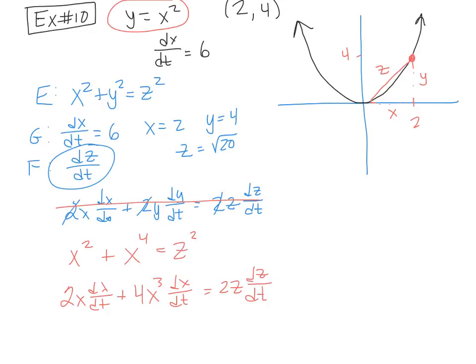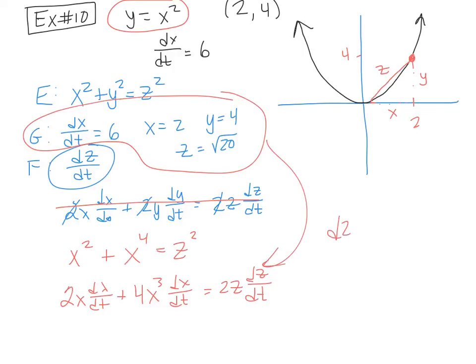And since I do know the values of x and I do know the value of z, I should be able to find dz/dt. So by taking all of this information that I have from here and substituting it in, I can find dz/dt. And when you end up doing that, you end up getting that dz/dt is equal to 54 radical 5 over 5 centimeters per second.